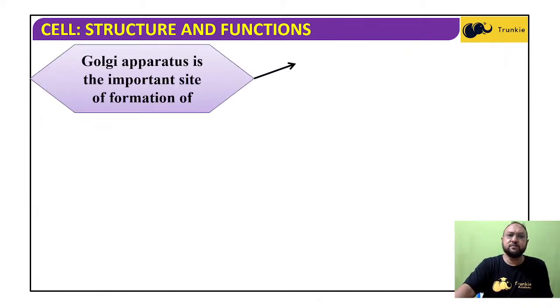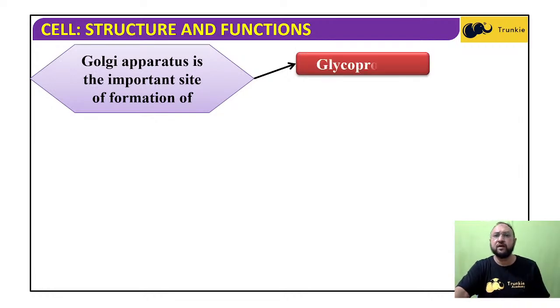The Golgi apparatus is an important site of formation of glycoproteins. Yes, glycosylation. For example, a protein is synthesized in the ribosomes and then moves to the Golgi apparatus. There it goes for glycosylation, the attachment of some kind of carbohydrate to the protein, or some other modification and packaging. All these things take place in the Golgi apparatus.